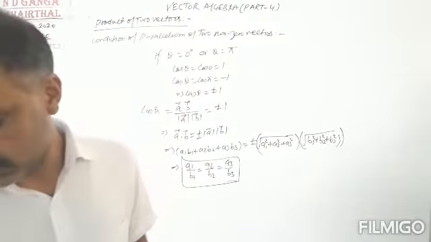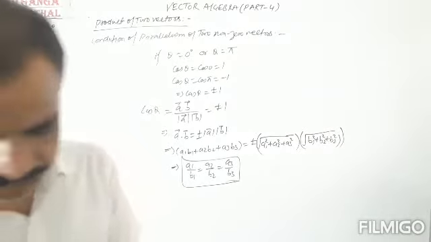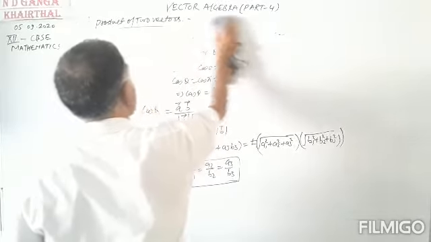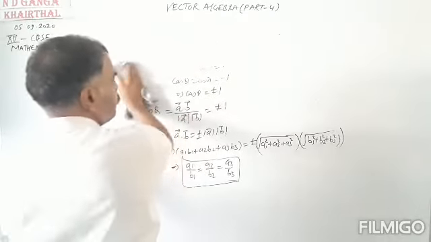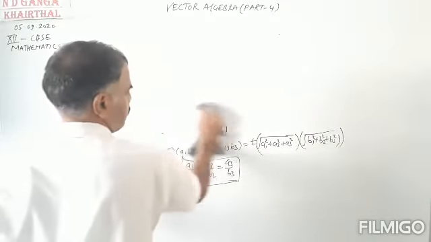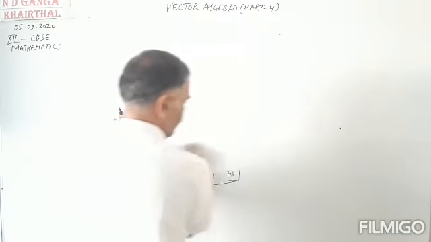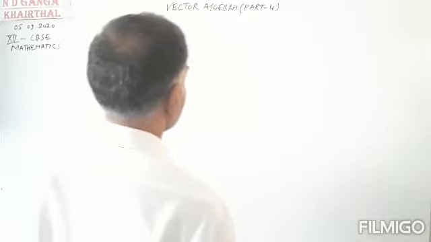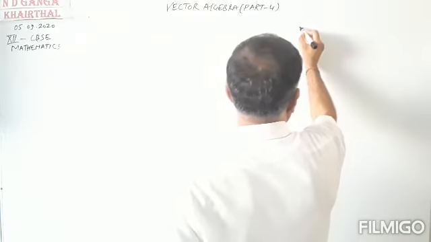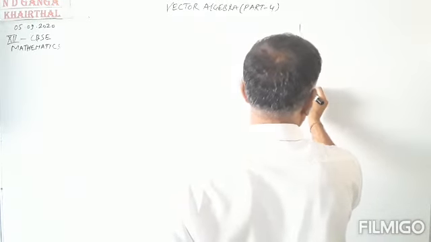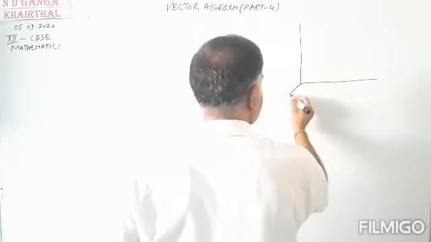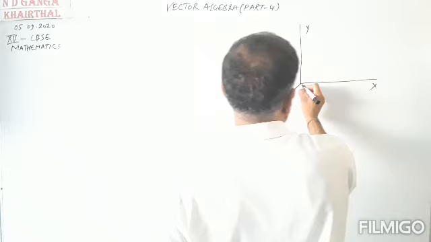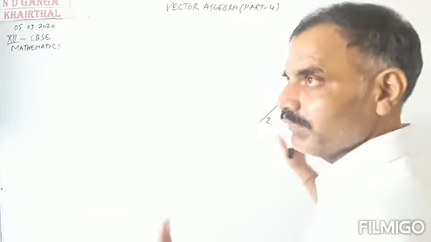Now we will discuss the unit perpendicular vectors and their dot product. Let this be the y-axis, this the x-axis, and this the z-axis. The x-axis, y-axis, and z-axis are all mutually perpendicular.